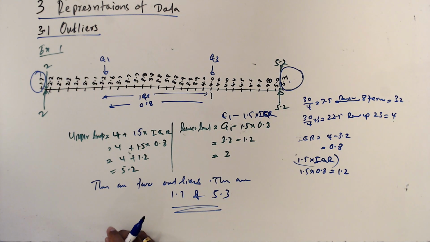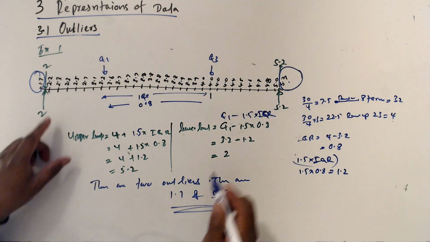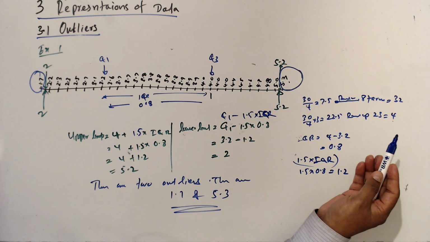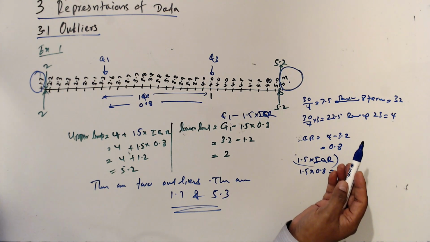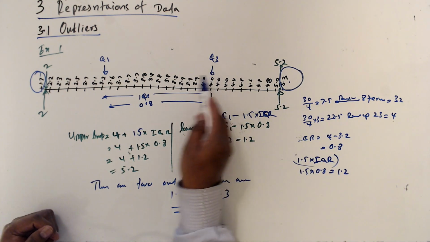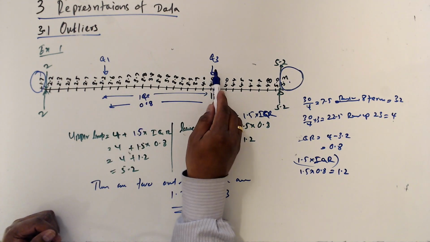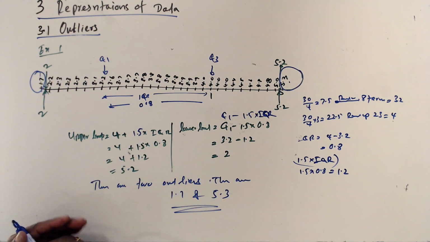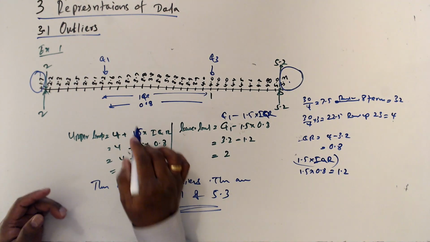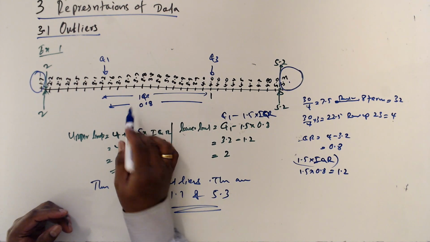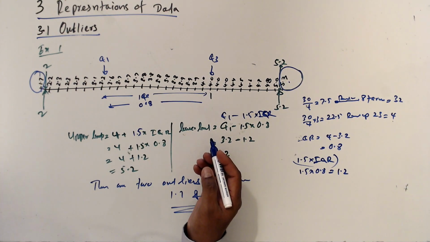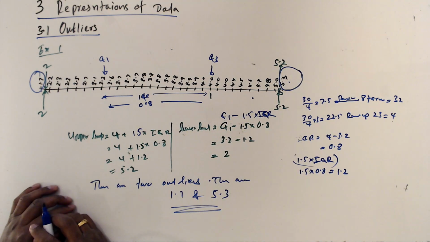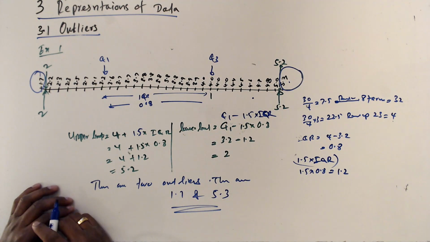Simply select on the number line 2 points, and beyond these 2 points are outliers. How do you select these 2 points? You bring Q1 and Q3, the starting points. Find the first quartile and third quartile, then find that range and take 1.5 times, add it to Q3 and subtract it from Q1. That's all, very simple.